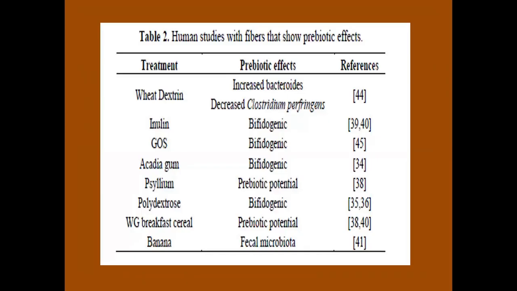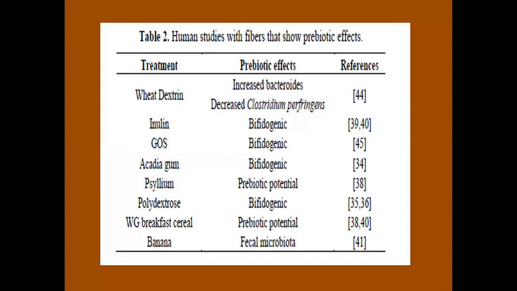This is what human studies of fiber show: a prebiotic effect, and these are the references. Treatment with dextran increases Bacteroides and decreases Clostridium perfringens.